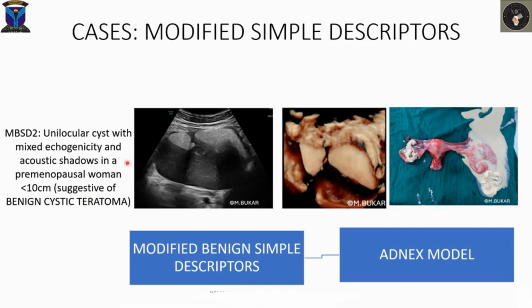This is a unilocular cyst with mixed echogenicity and acoustic shadows in a premenopausal woman, less than 10 centimeters. This is suggestive of benign cystic teratoma. Does the modified simple descriptor apply? Yes, it applies. Do you need to use the ADNEX model? No, you don't.